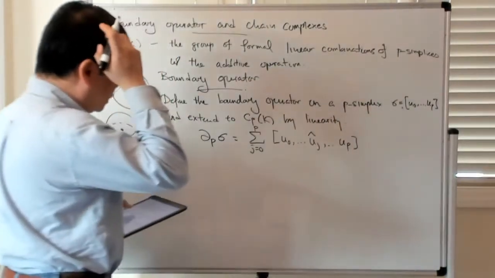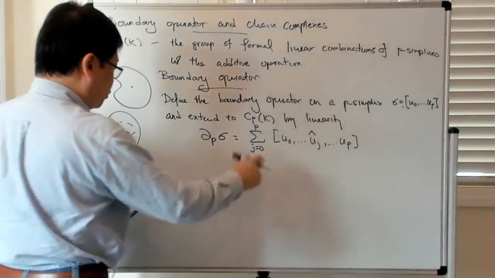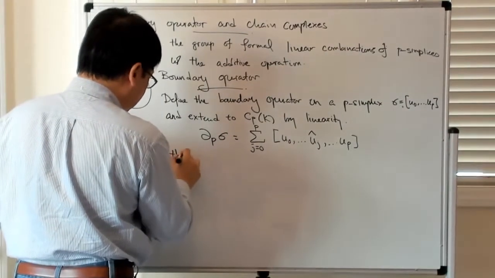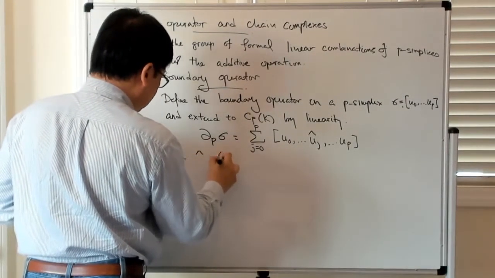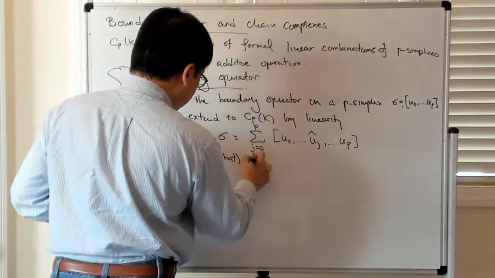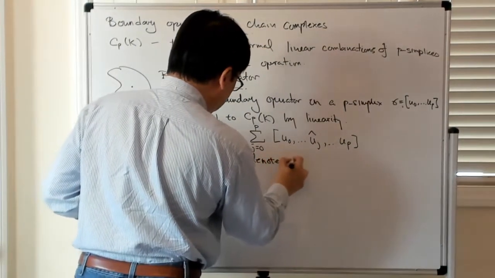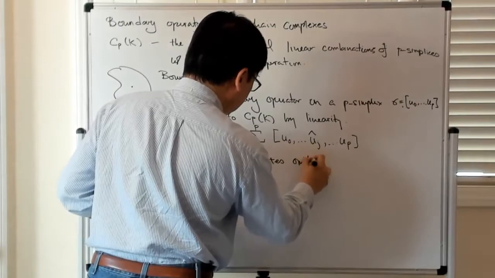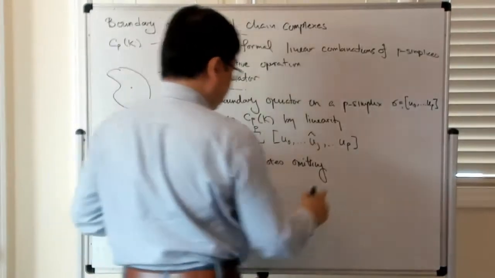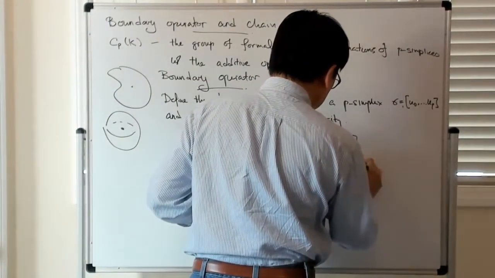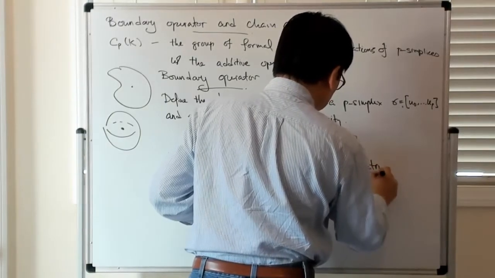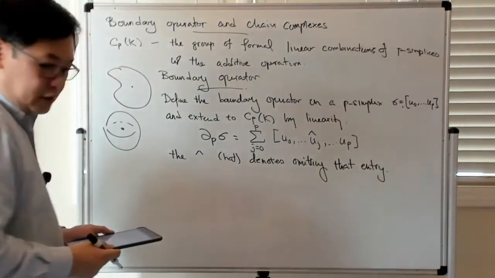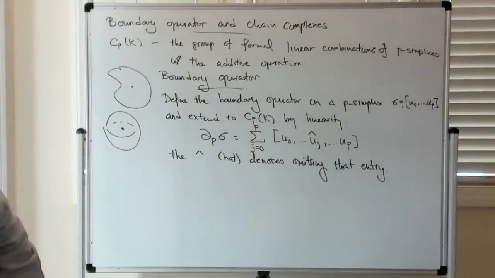What I mean by that is that I'm going to omit, so the hat denotes omitting that entry. So let me try to be a bit more precise about this.